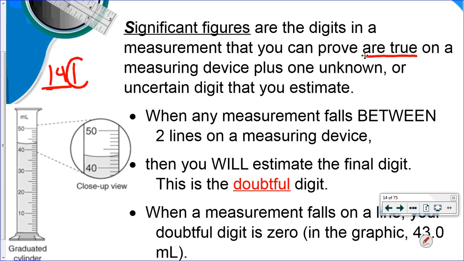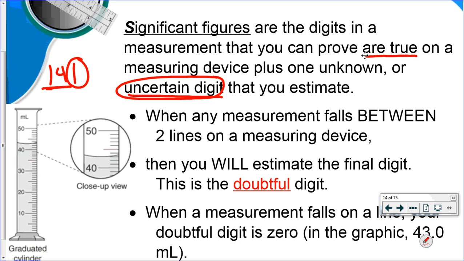But that one can be 140.6 pounds, so that's what's known as a doubtful or uncertain digit. A sigfig is part of a measurement that you can prove is true, and every single measurement, in physics, chemistry, any measurement, is always going to have an uncertain or doubtful digit.